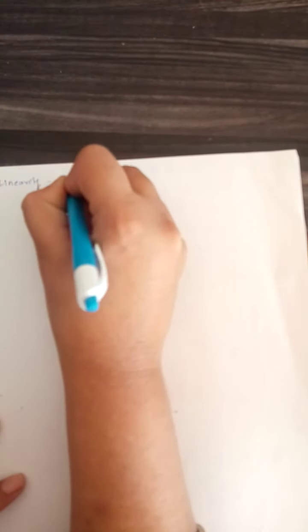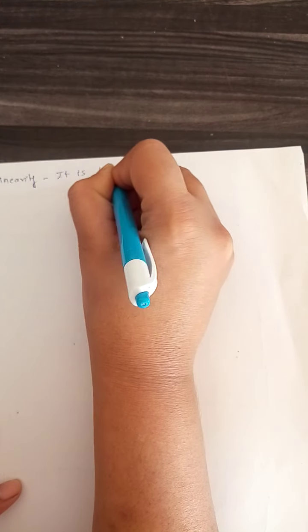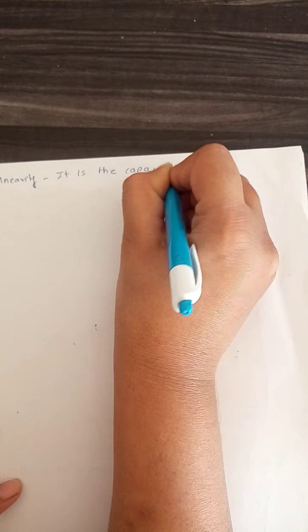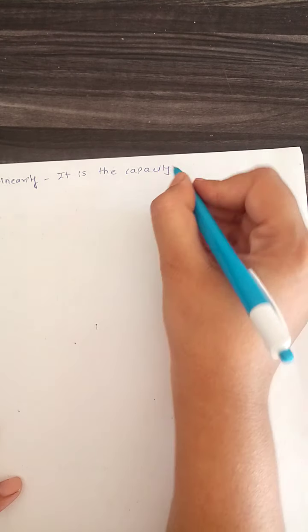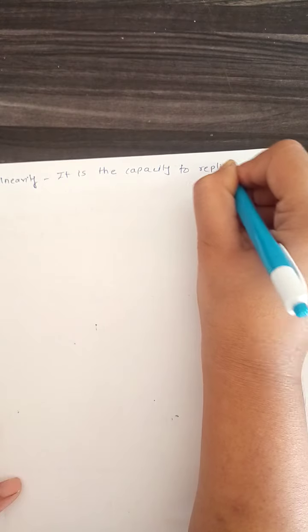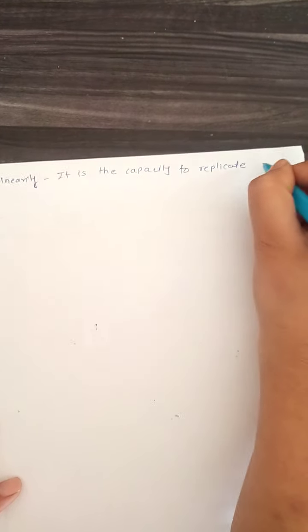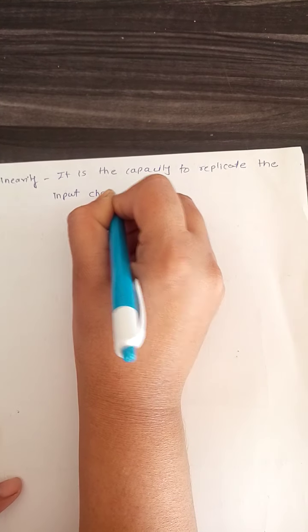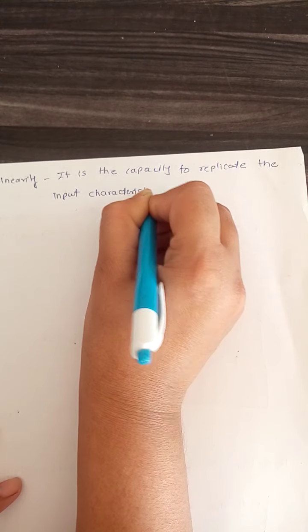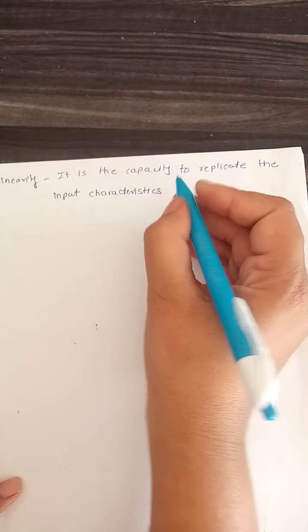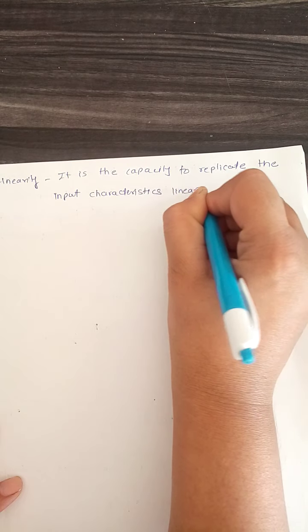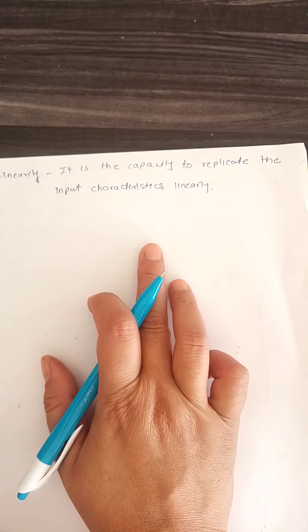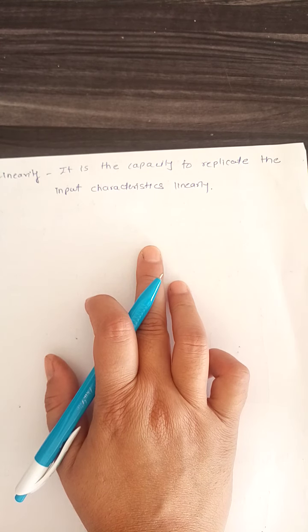Linearity is defined as the capacity to reflect the input characteristics linearly. It means the output always changes linearly.